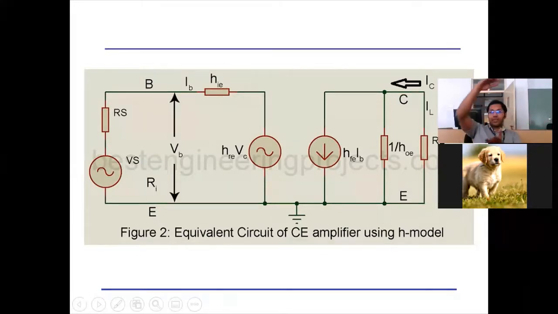The speaker has low resistance, in the order of ohms, while this one is in the order of kilo ohms. So a large resistance in parallel with a small resistance, I can neglect this. I can simply replace it by an open circuit, as if this is not there in the circuit. Then IC will be nearly equal to HFE IB.